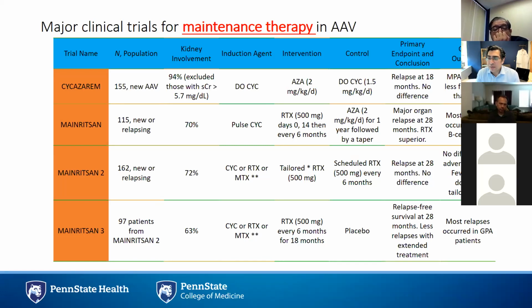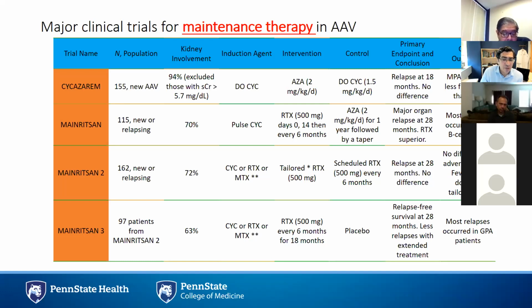They looked at the relapse at 28 months and found that rituximab was superior in preventing relapse. And then there was an analysis which showed that relapse occurred when the B cells start to return. So this led to, okay, can we do some sort of a tailored therapy?